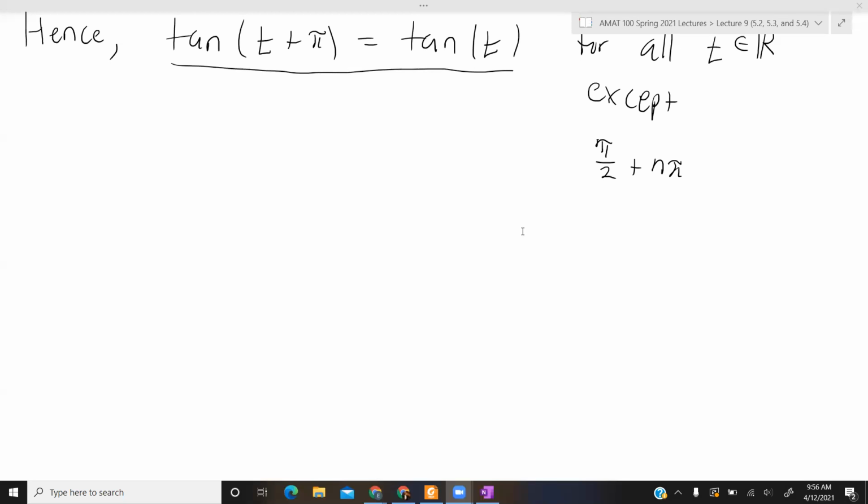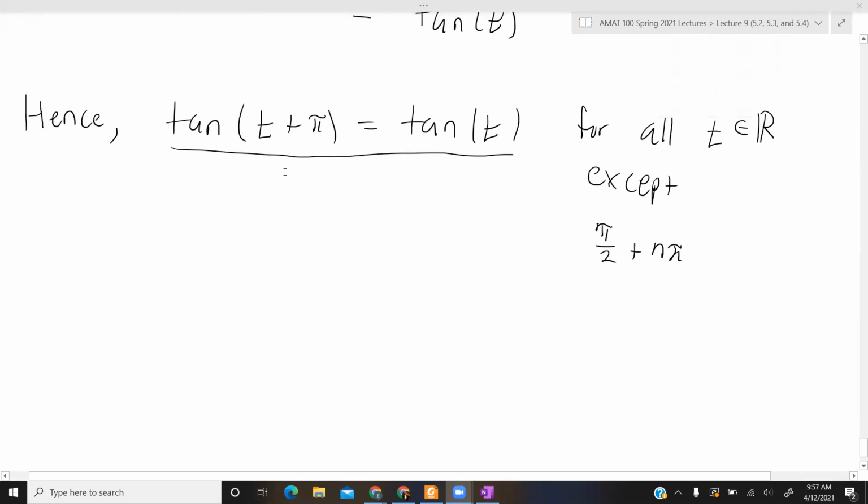Sorry about that. So it's going to turn out that these points, so we just determined that the period of the tangent function is pi.